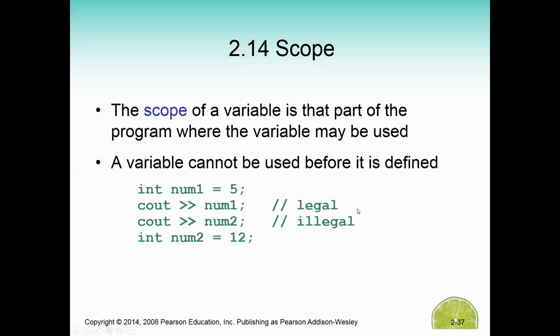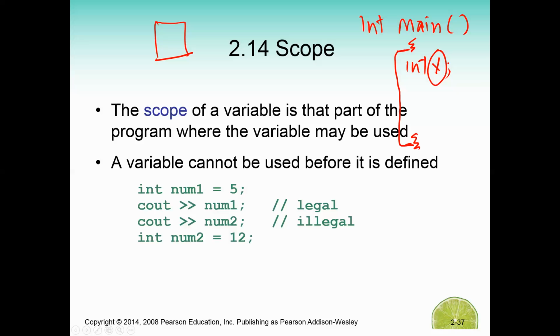So if I have, in main, int main, open and close, and I have this curly brace, and I put int x. This x, which is a variable, which is going to be a memory location, is going to last while the process is within this block.